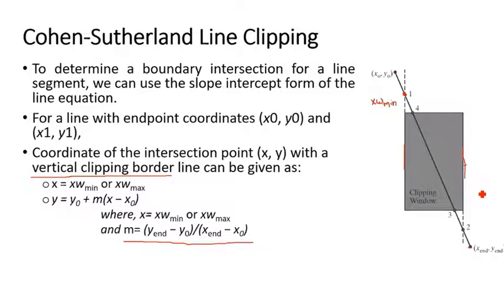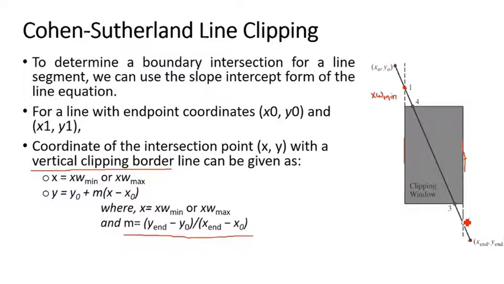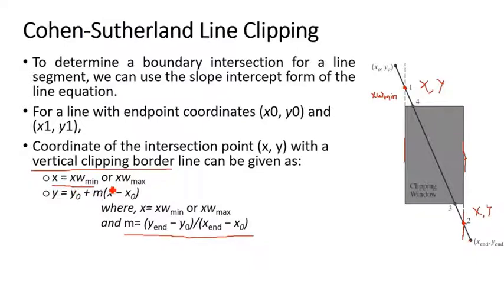Similarly, if you are calculating the intersection of this line with xw max, then the x of this point will be xw max. So the x of this will be either xw min or xw max.